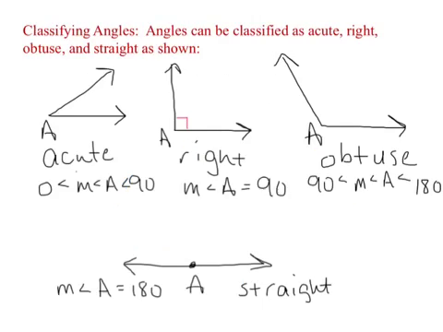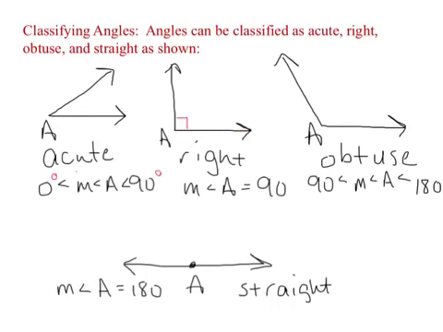Classifying angles. There are 4 different types of angles. Angles can be classified as acute, right, obtuse, and straight. First I have acute. The measure of angle A is between 0 and 90 degrees. So the measure of angle A is greater than 0 and less than 90 degrees.